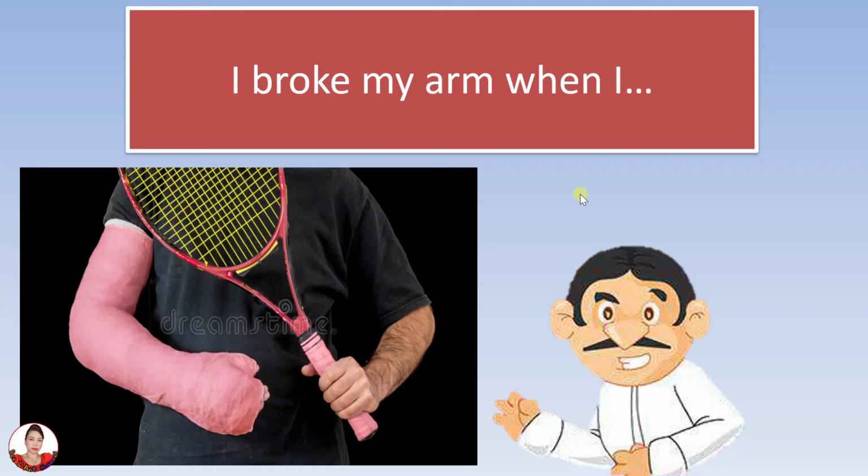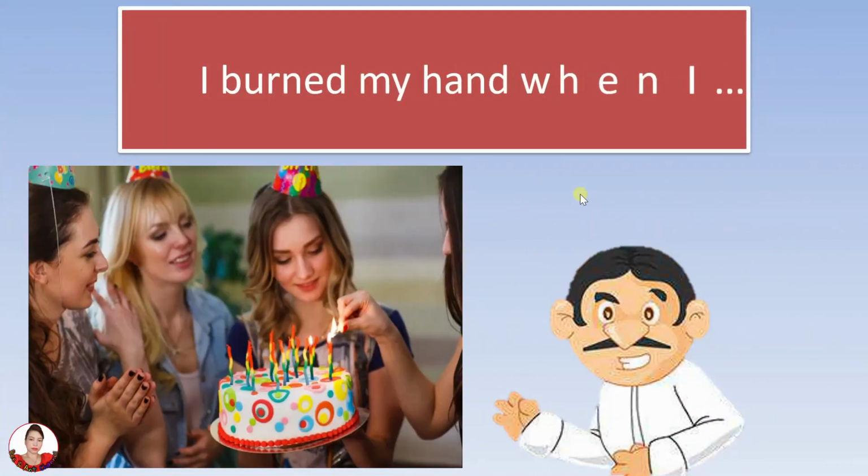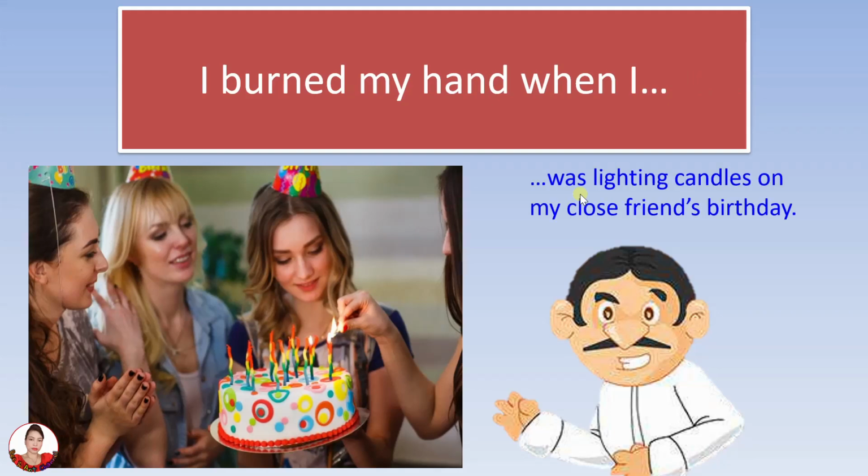I broke my arm when I was playing tennis with my friend. This is my example. I burned my hand when I was lighting candles on my close friend's birthday.